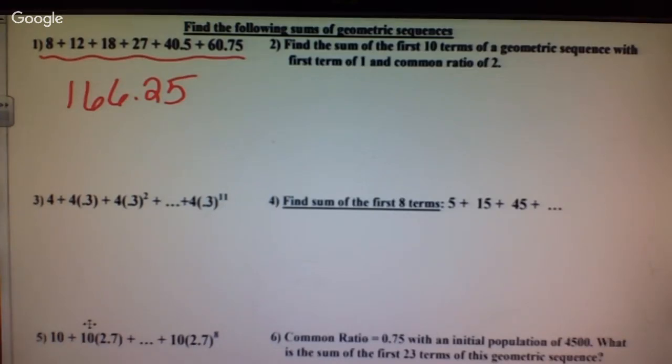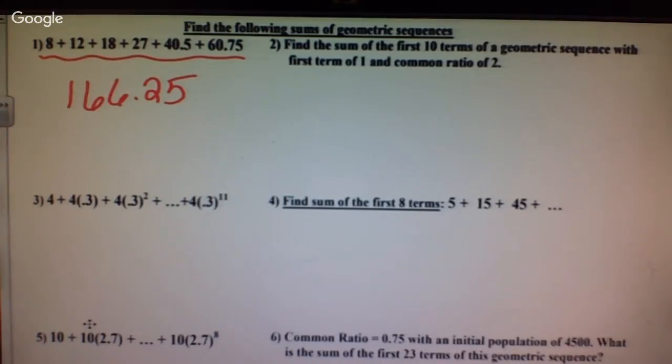All right. Number 2 says find the sum of the first 10 terms of a geometric sequence with the first term of 1 and a common ratio of 2. So your equation is A times (R raised to the n, minus 1), all divided by R minus 1.